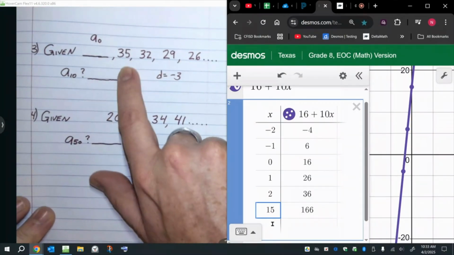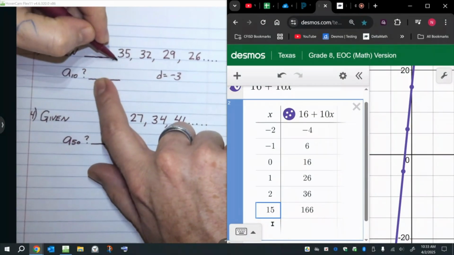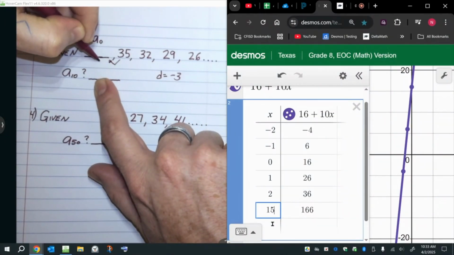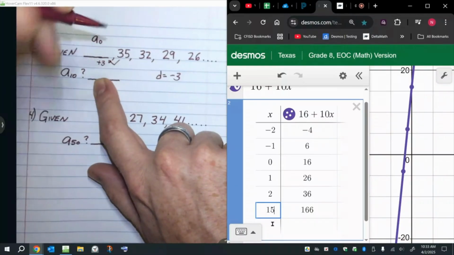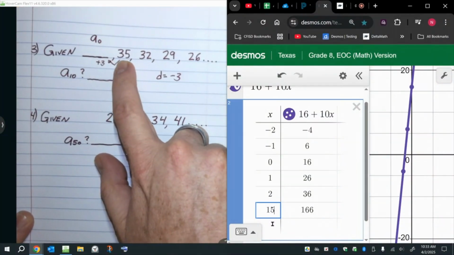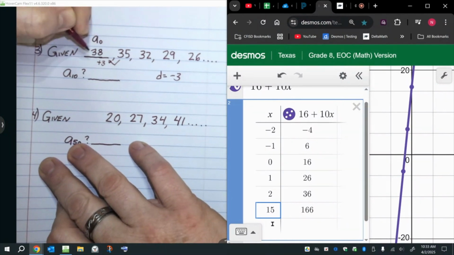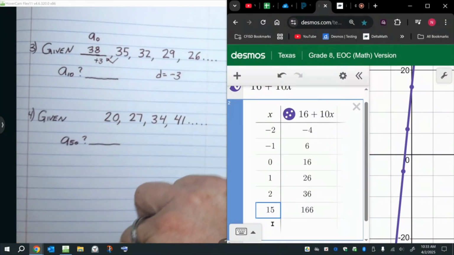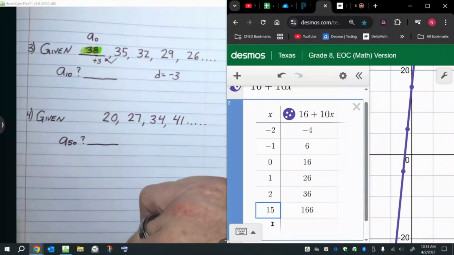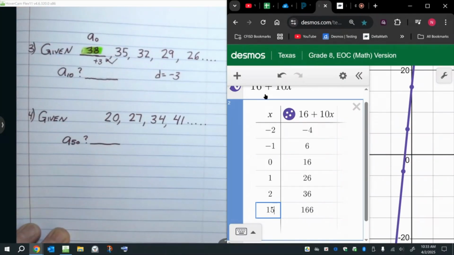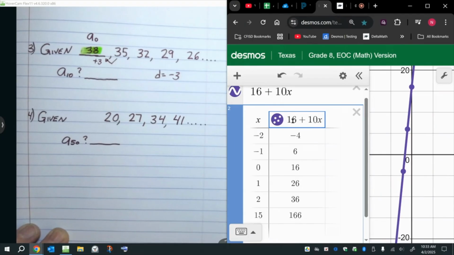If I'm subtracting 3, then to go this direction, I need to add 3. Adding 3 to 35 is going to be 38. So a sub 0 is 38.